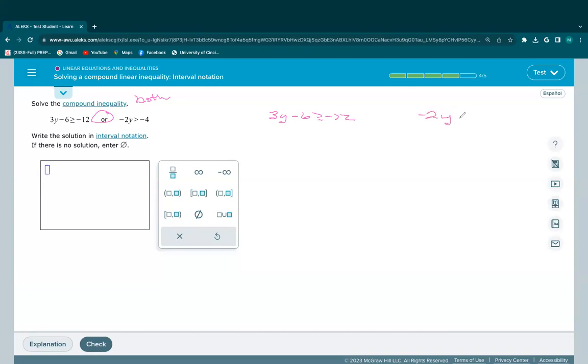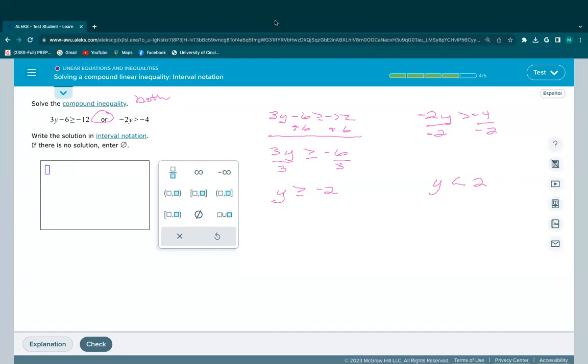Negative 2y is greater than negative 4. We're adding 6. My handwriting is getting terrible. 3y is greater than or equal to negative 6. Divide by 3. Y is greater than or equal to negative 2. This one I get to divide by negative 2. Remember, flip the inequality. That's going to go that way. And then y is less than 2.